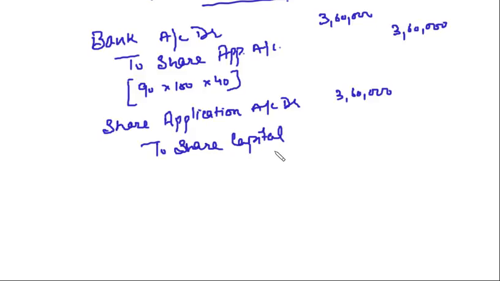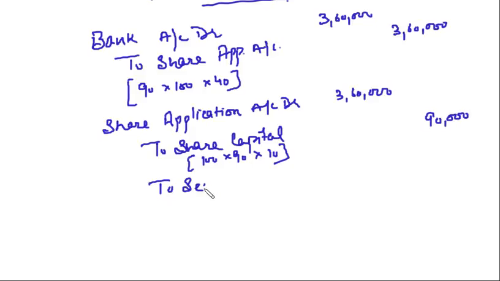It will be the face value on 100 shares for 90 employees multiplied by 10, right? 100 multiplied by 90 multiplied by 10, that is the face value. 90,000 is the share capital.